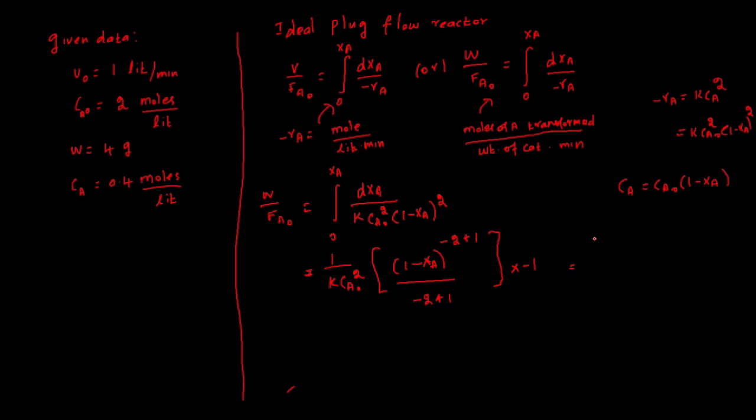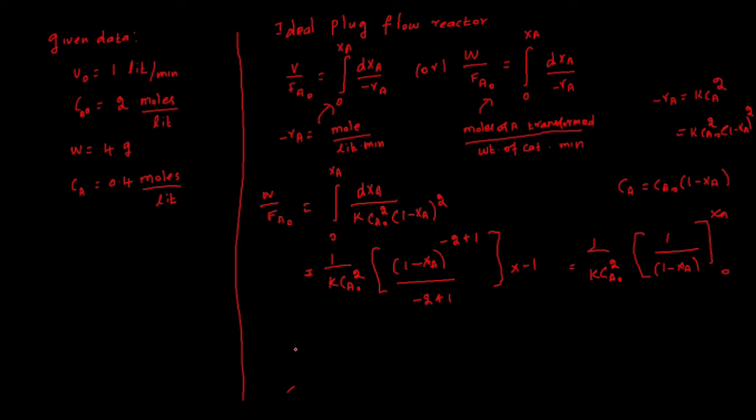Integral of this one is 1 divided by k Ca naught power 2 into 1 divided by 1 minus Xa, limit is 0 to Xa.